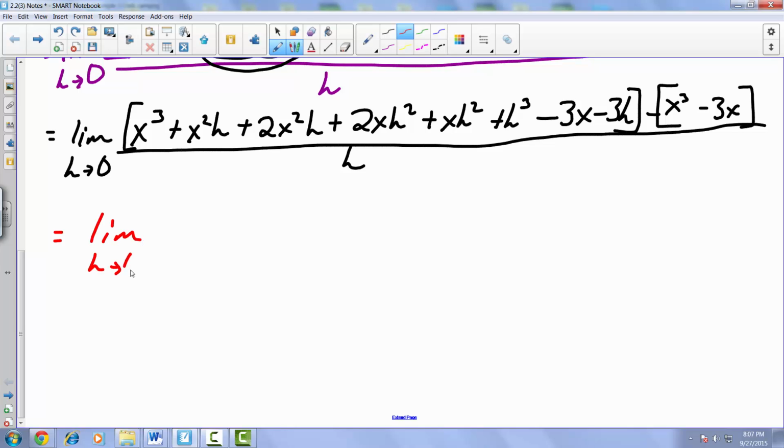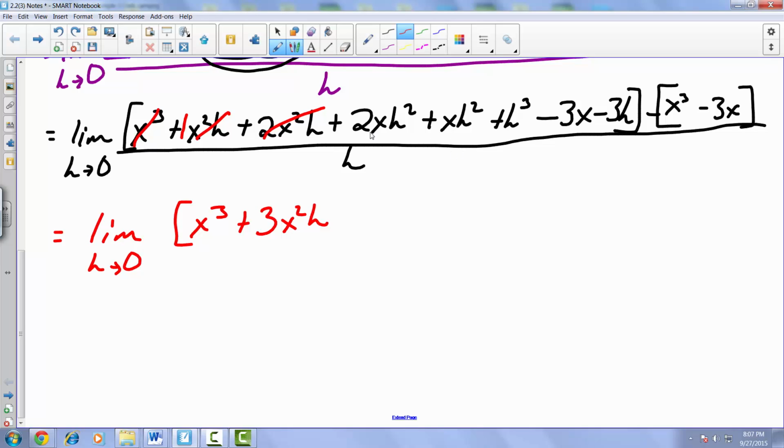Combining our like terms on top, we end up with x cubed. It looks like x squared h can be combined with this x squared h. We notice that this one has a coefficient of 1, and then this guy has 2, so we end up with a total of 3 x squared h's. I'm just going to cross them out so that we can see that they're already done.